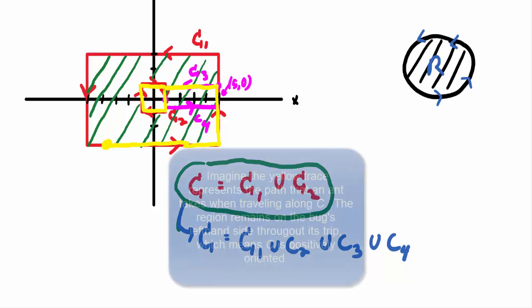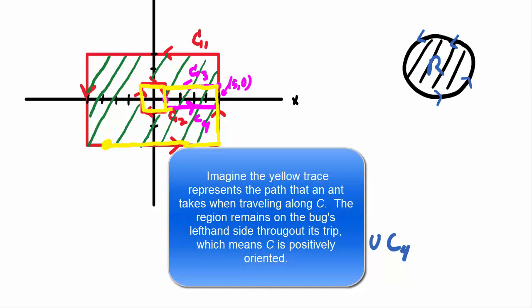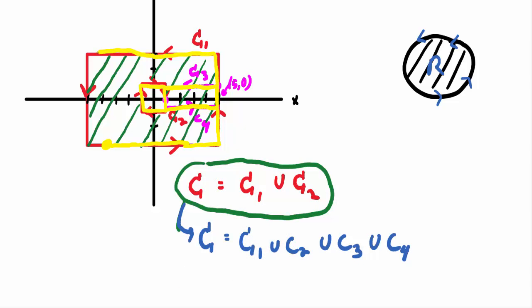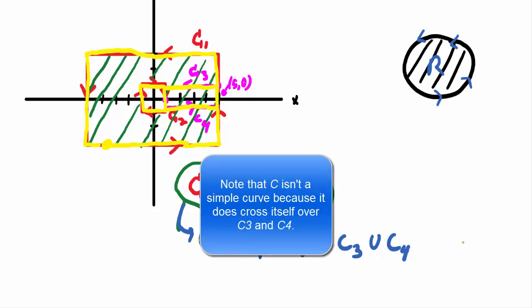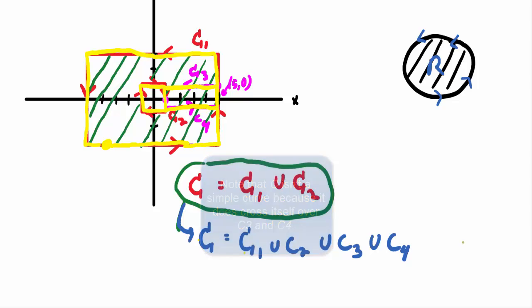And then I return to the x-axis, and I'm really traveling on the x-axis here over C4. And then I keep going around. And I've traversed the entire curve C, which is the union of C1, C2, C3, and C4, without lifting my pen. So this is at least a piecewise smooth closed curve, and it's positively oriented. Even though it has a hole in it, we're going to be able to apply Green's theorem here.